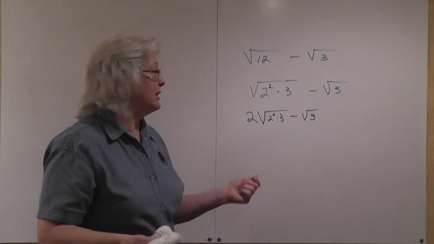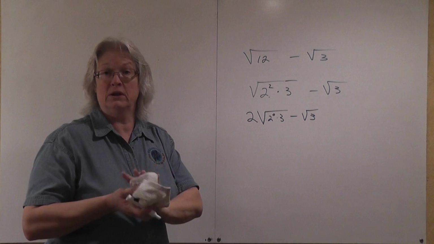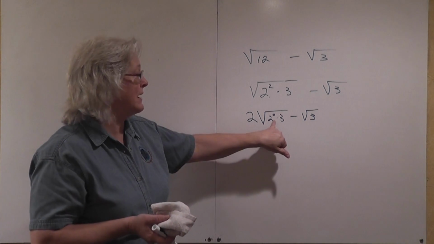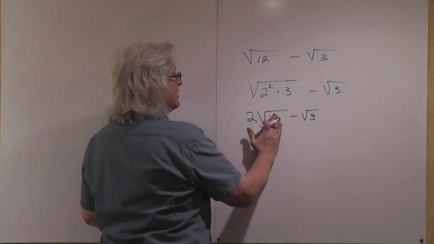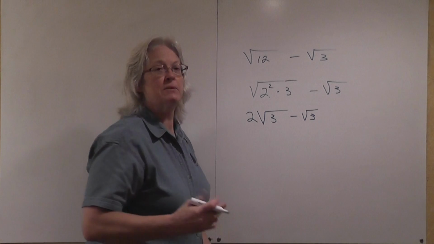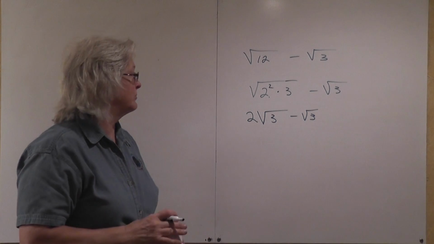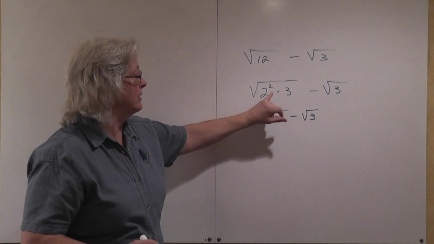Well, you know that anytime you have any quantity raised to the 0 power, that's just 1. So 2 to the 0 is 1. We have 1 times 3.